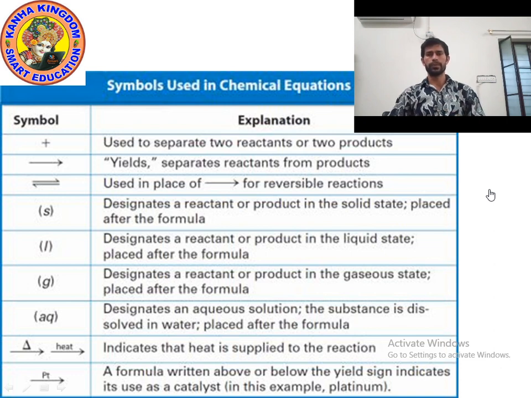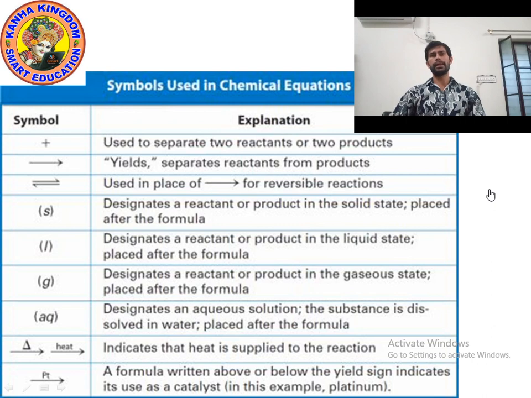We have already watched many chemical equations, and in all of them you have seen that the plus symbol is used. So plus is used to separate two or more reactants, or two or more products.